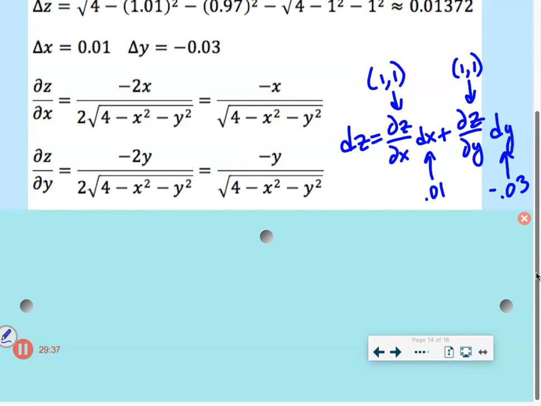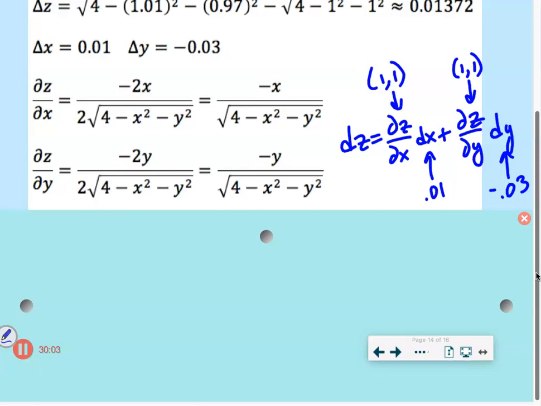Does that make sense, what you're plugging in? This isn't dz dx, this is partial z partial x. This is the partial derivative. It's del z del x times dx.